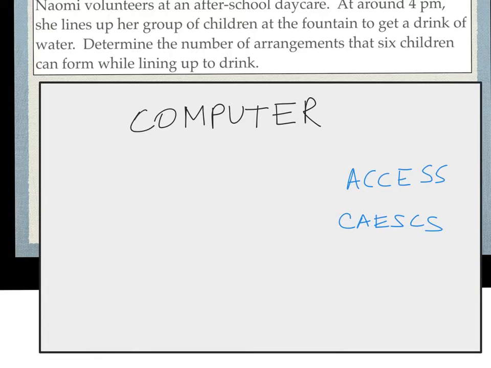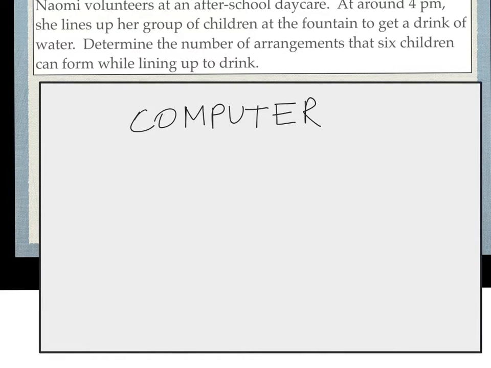The problem is I can't tell if this C is the first C or the second C. There's no way to tell whether I put this one here and this one here, or that one here and this one here. It ends up mixing up our definition of what a permutation is. So that's why for now we're not going to see those. There is a way of dealing with those problems, but we won't see it yet.